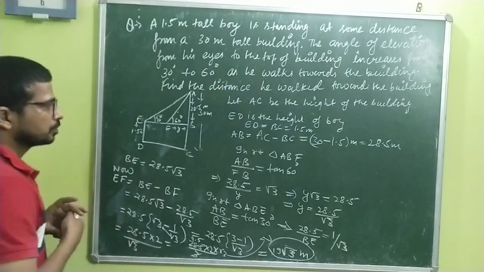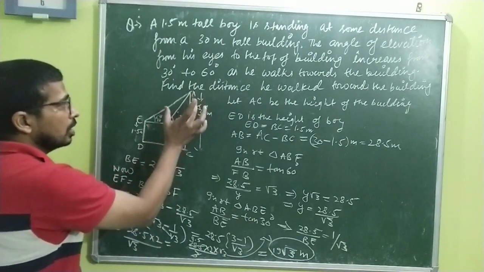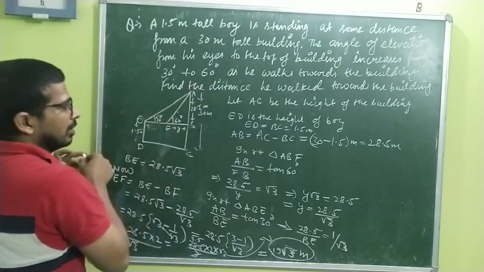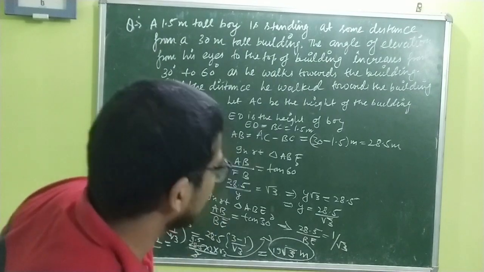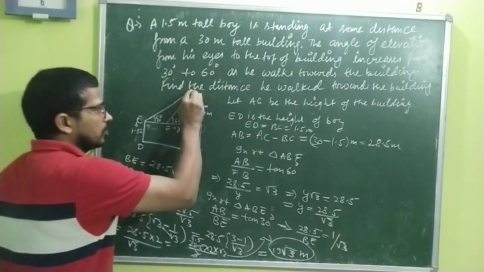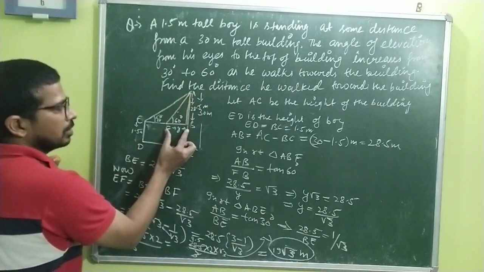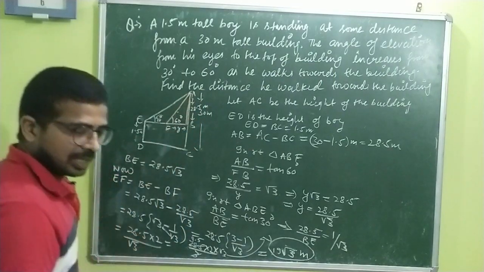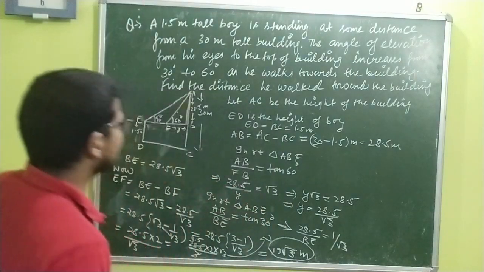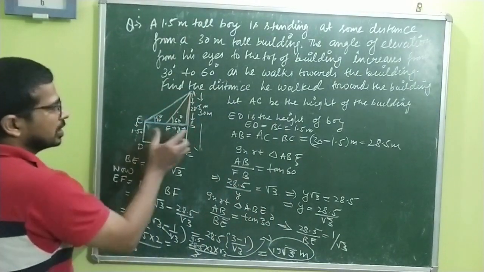So what I have done, first I have found this perpendicular from this right angle triangle, this only. If I use a different color pen, this is there. From this right angle triangle I have found this FB. Then from this other right angle triangle I have found this BE.